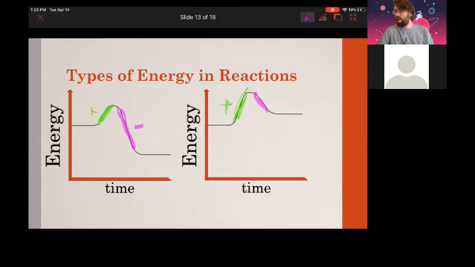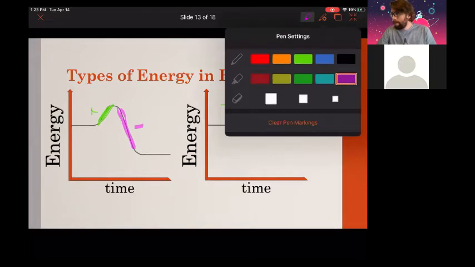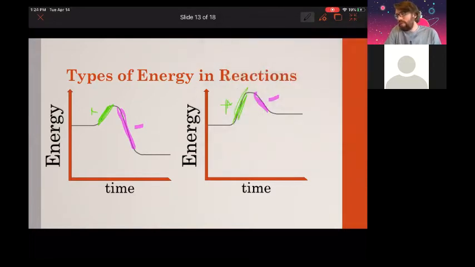This is the negative part of the graph. So overall, if it goes up and down more, what's happened to delta E here? Will it be positive or negative? Well, mathematically, if the negative is bigger, delta E is going to be negative.